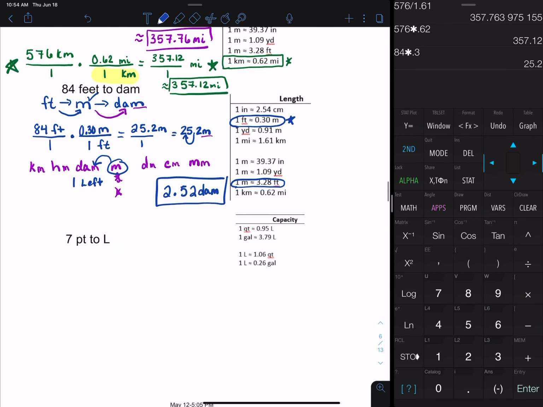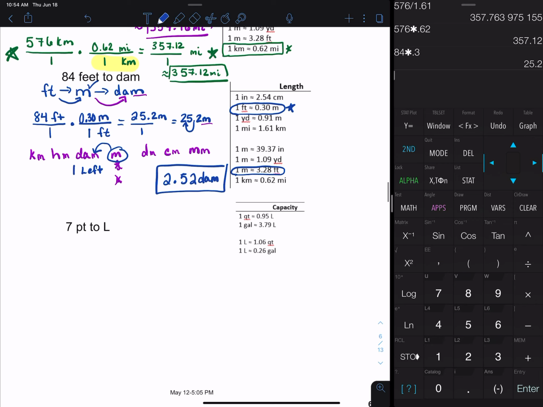Now I'll look at one more example of this conversion between our two systems, where I'm going from 7 pints to liters. So if I look at this capacity chart, the one that's given to me with going back and forth between the US system, or that standard system, and the metric system, there's nothing that gets me straight from pints to liters, but I notice that I can get from quarts to liters or from gallons to liters.